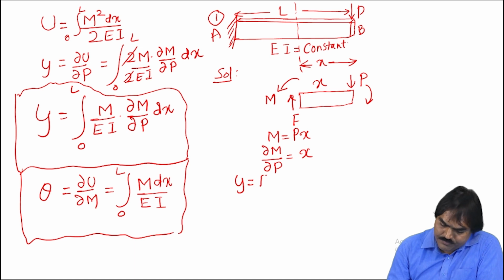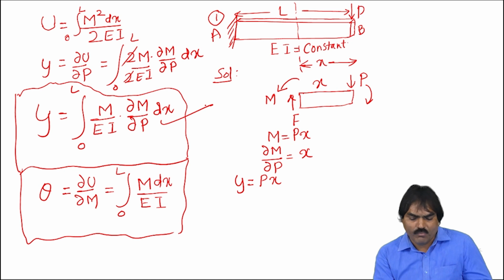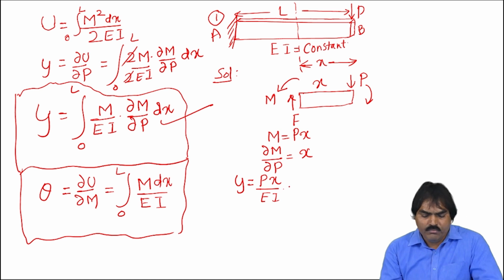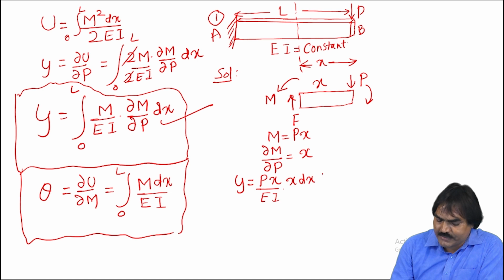Therefore, the deflection y is given by, apply this formula: integral of P into x by EI into dou M by dou P, which is x, into dx.